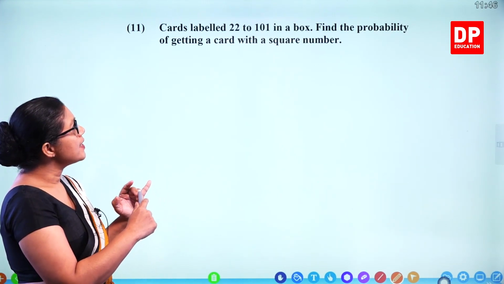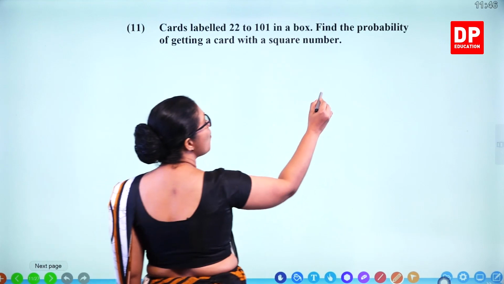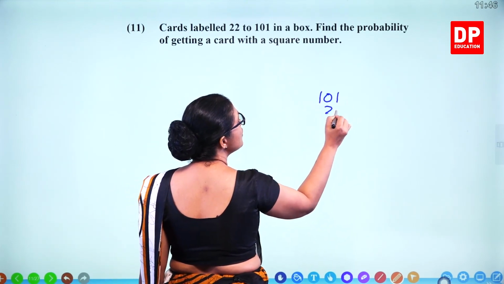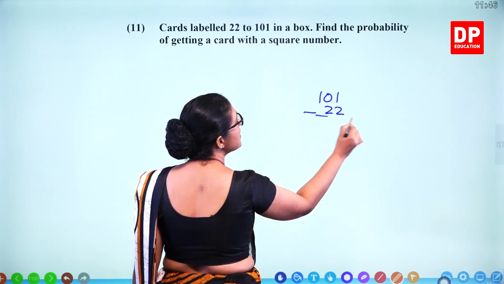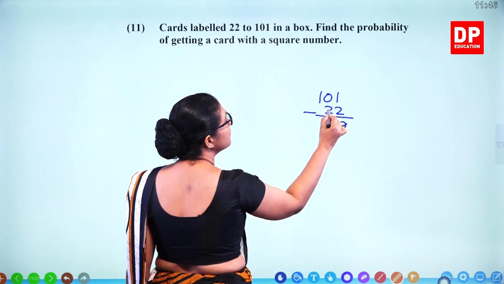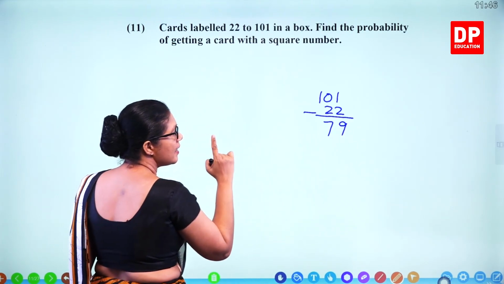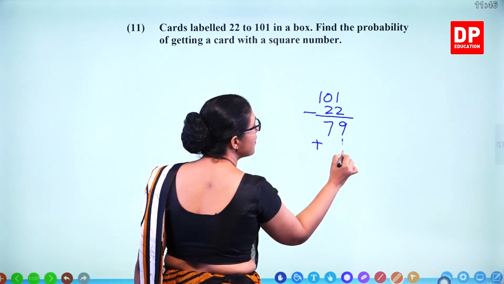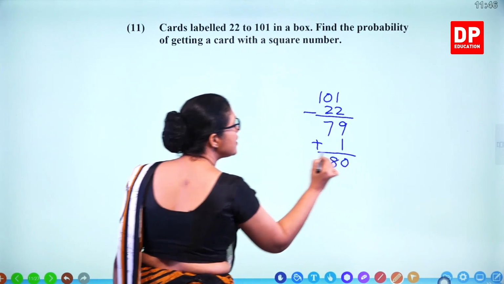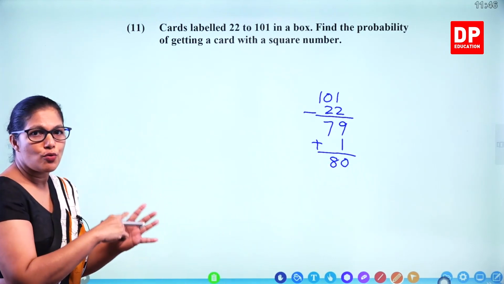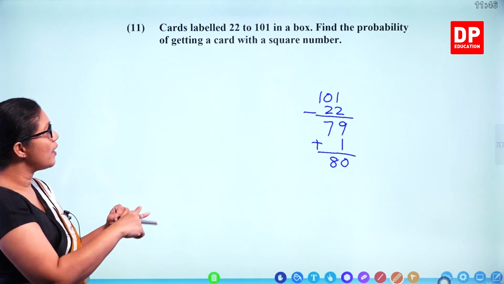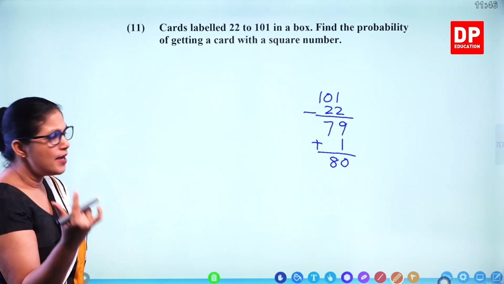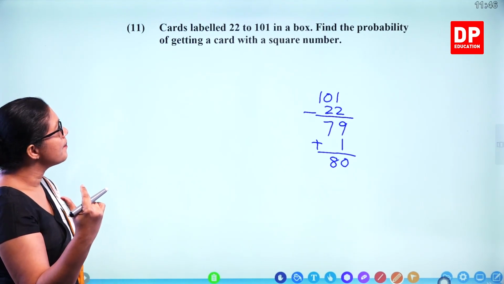So 101 minus 22, you get 79, and you have to add 1. So 80 numbers all together. When you count 22, 23, 24 like that up to 101, you get 80 numbers.